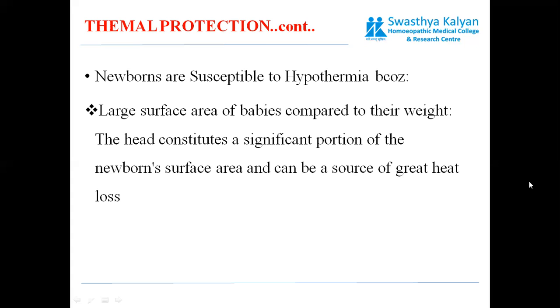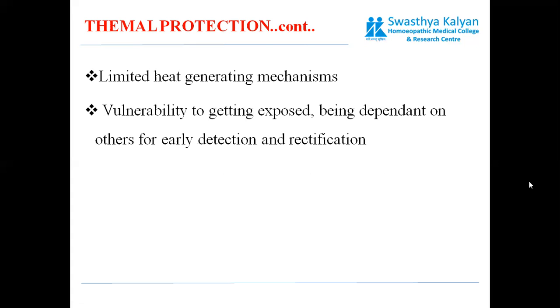Then newborn babies are more prone to hypothermia because of the limited heat generating mechanisms, limited sources of the heat generation. Then vulnerability of getting exposed, dependent on others for early detection and rectification.